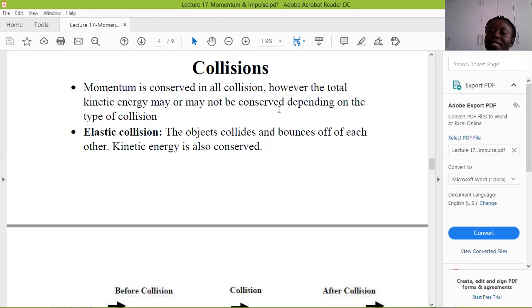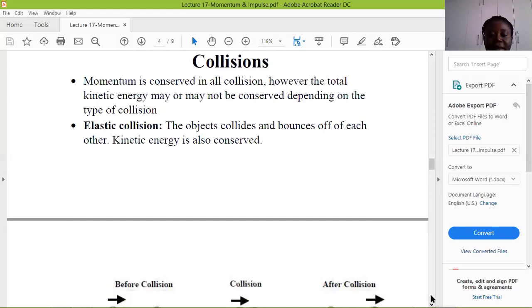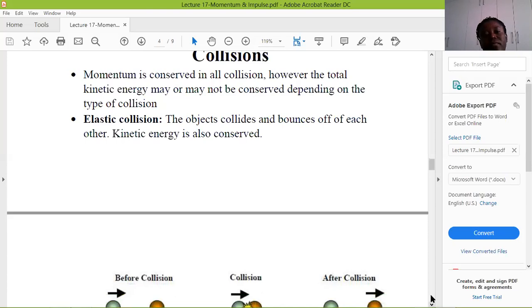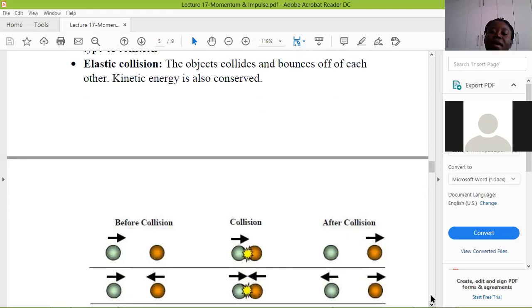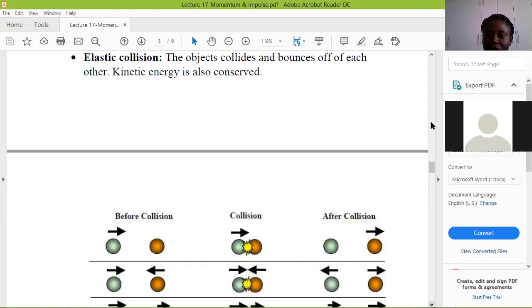It depends on the type of collision. We have many types of collisions, but we're only going to look at two types: elastic collisions and inelastic collisions, where we'll also bring up the term perfect inelastic collisions.